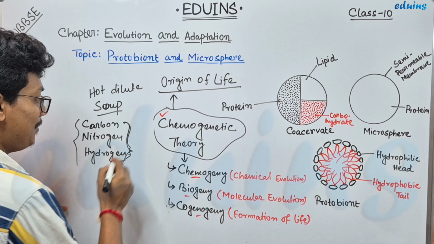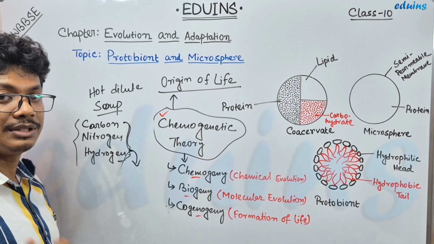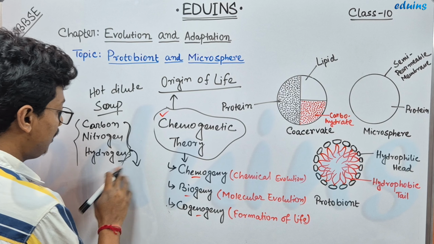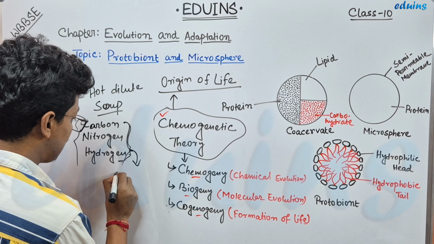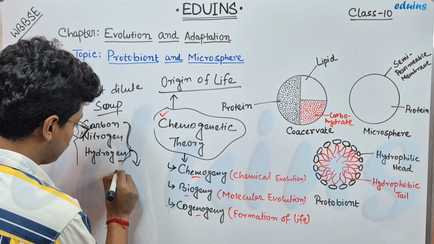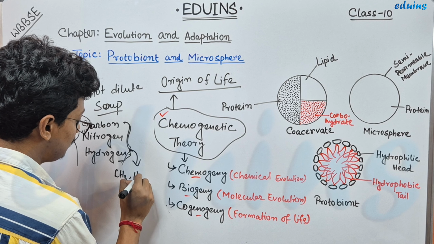These chemical compounds react with each other and form complex substances like methane, ammonia.